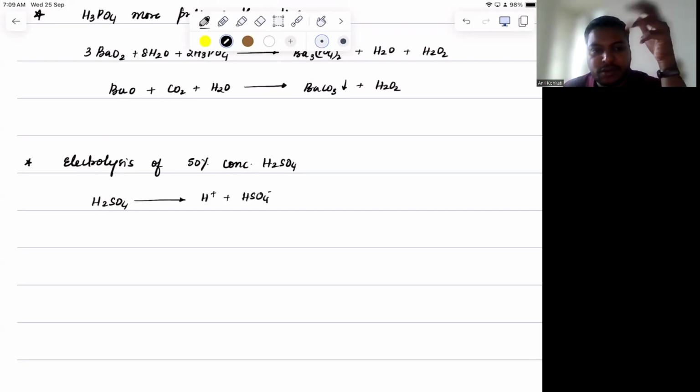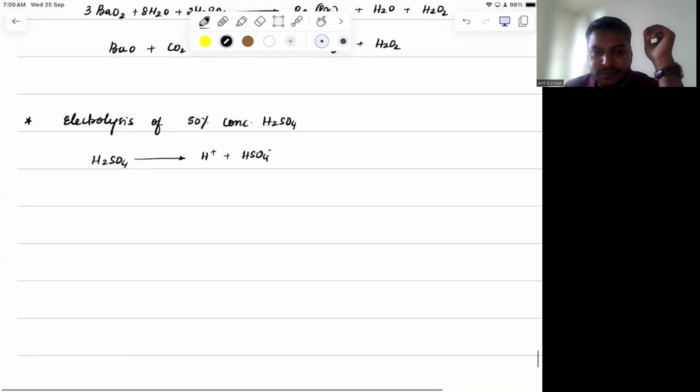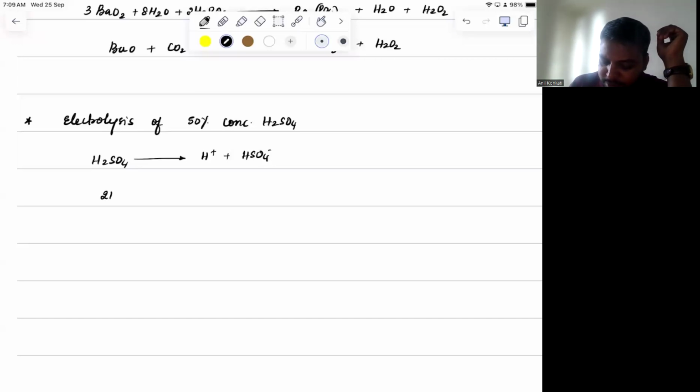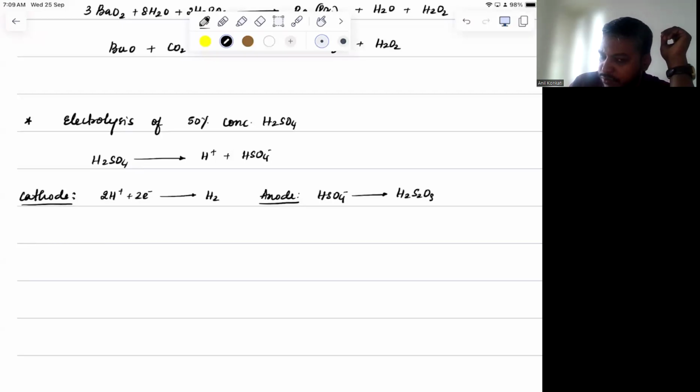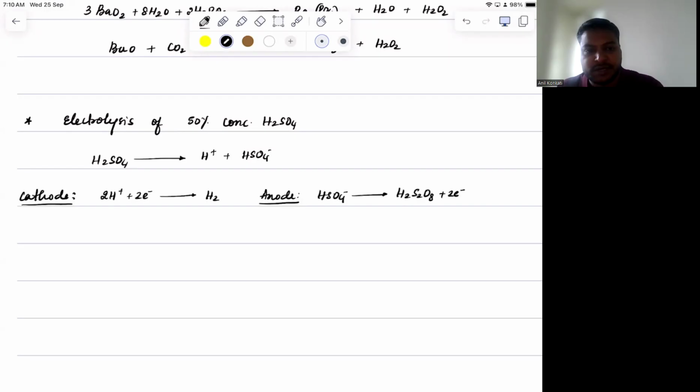This is almost like 100% ionization. Thereafter, the H plus present will accept electrons to convert into H2. This is the cathode reaction which you will notice. While the anode reaction uses HSO4 minus to give H2S2O8 plus 2 electrons.